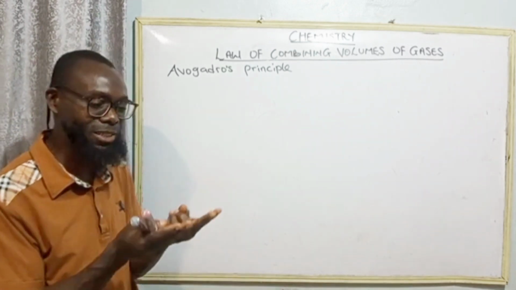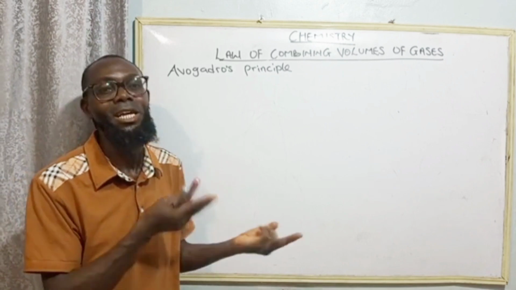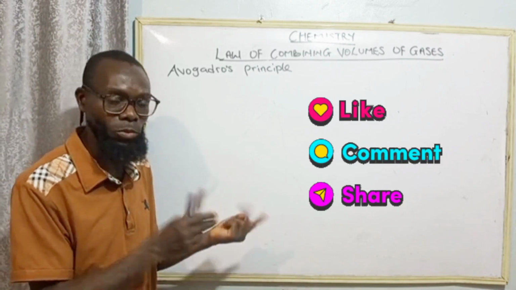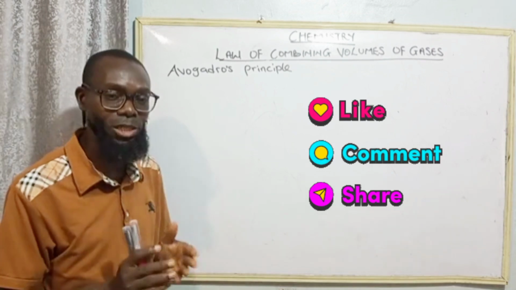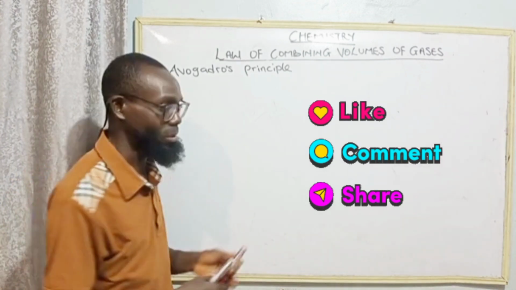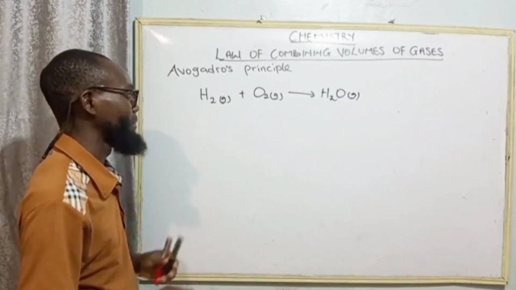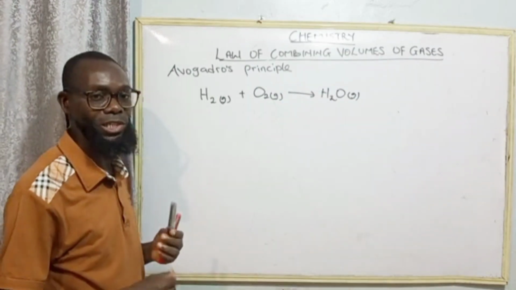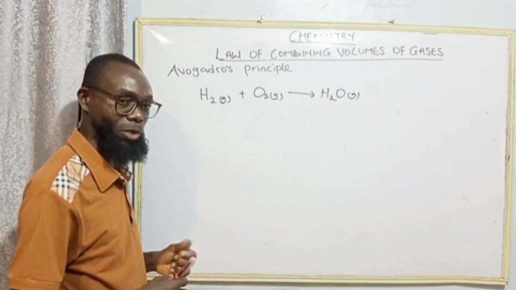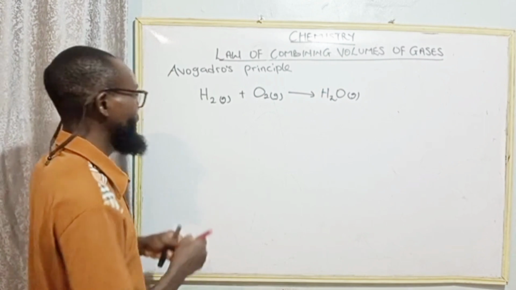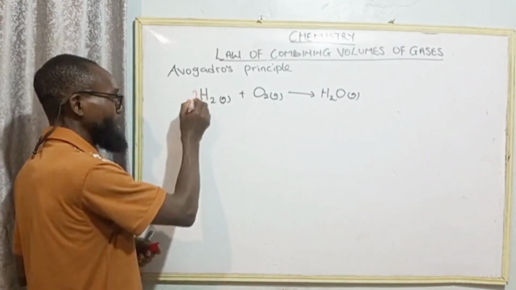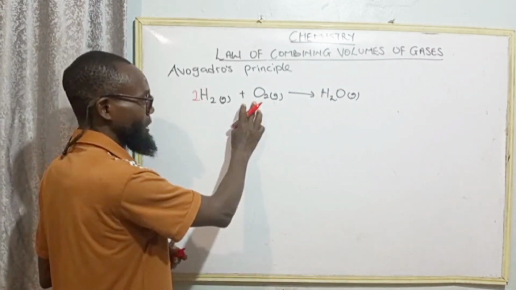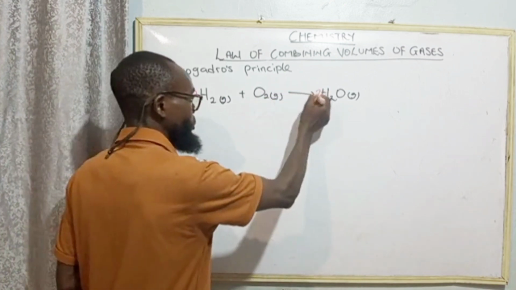You can see the similarity here. Gay-Lussac is talking about volume, while Avogadro is talking about number of molecules. Let's say, for instance, hydrogen gas is reacting with oxygen gas to give water molecules. Now, in this case, 2 moles of hydrogen react with 1 mole of oxygen to give 2 moles of water.